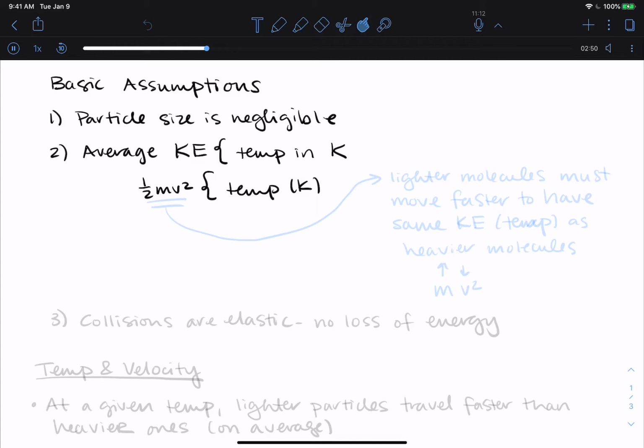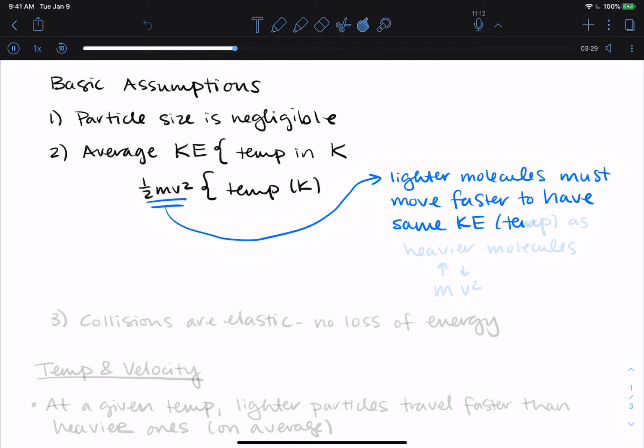So what we find comes out of this, and the fact that you have a mass dependency and a velocity dependency that's related to temperature, is that lighter atoms, or lighter molecules or particles, must move faster to have the same kinetic energy, which is directly proportional to the temperature, as heavier atoms or molecules.